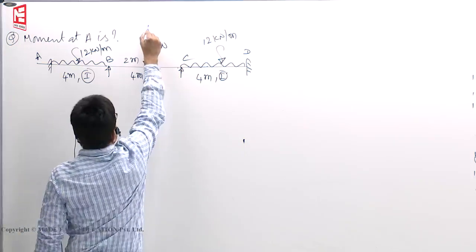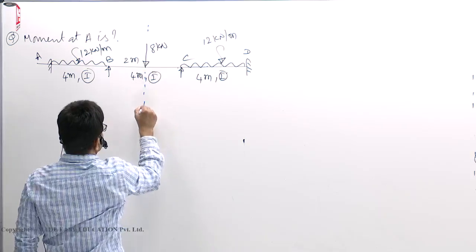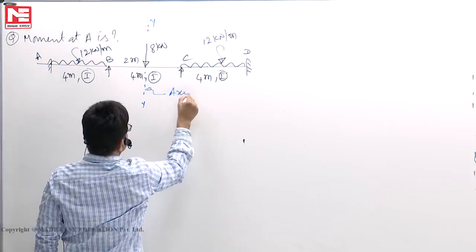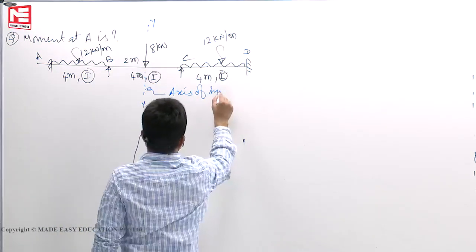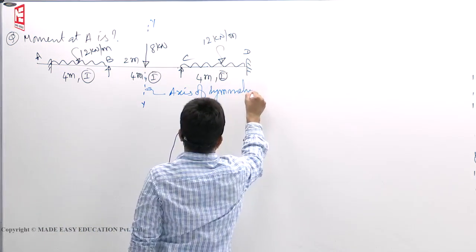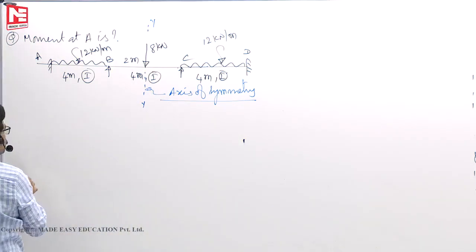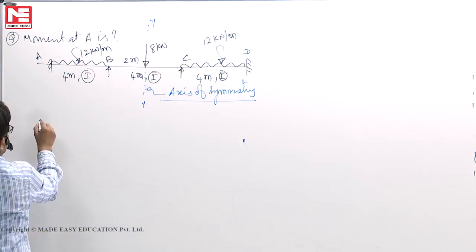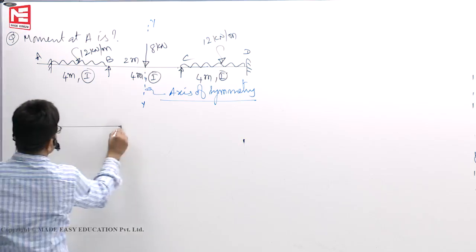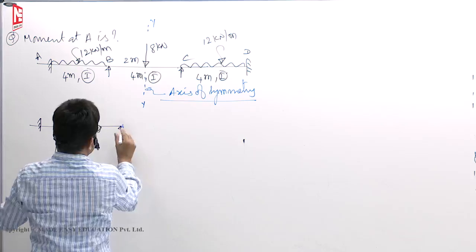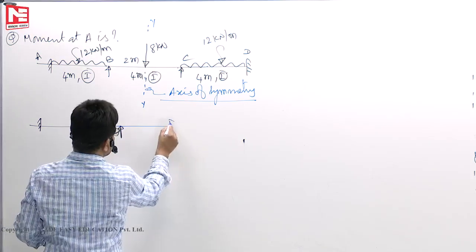So this is your axis of symmetry, YY. If it is symmetrical about this, what we have to do? AB beam, we have to keep it as it is. This is AB. BC, you have to replace by an independent member like this.